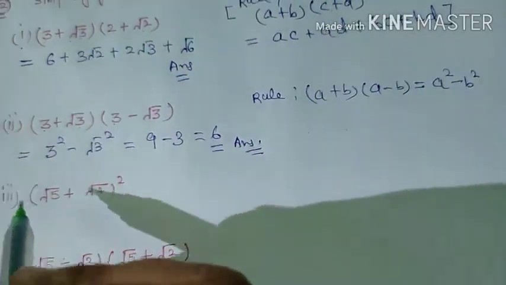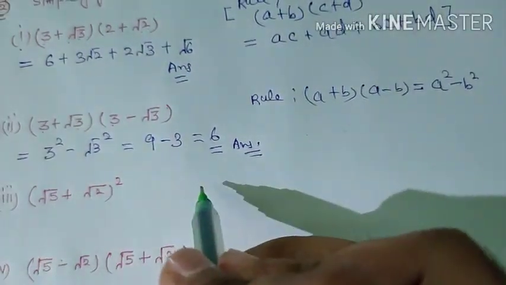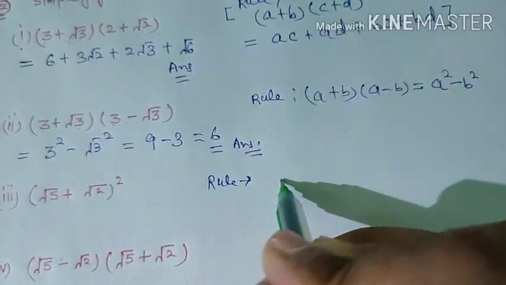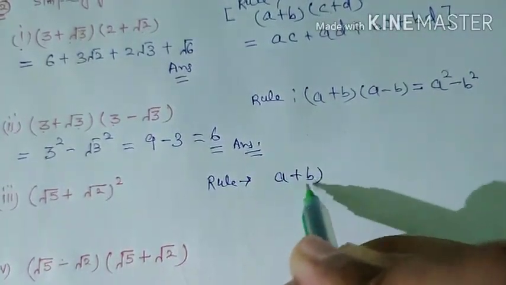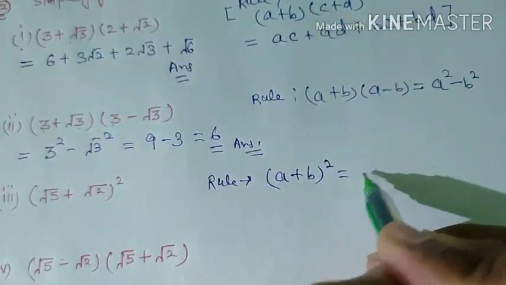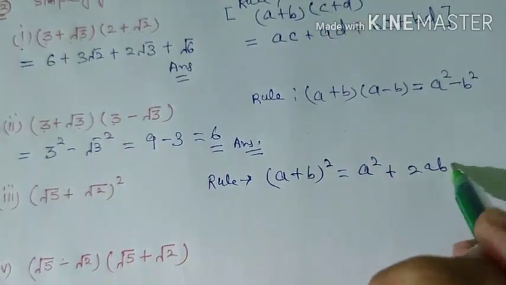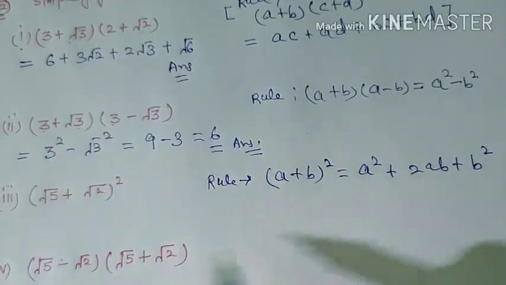Similarly, for this third part, we have another rule: (a plus b) whole square equals a square plus 2ab plus b square.